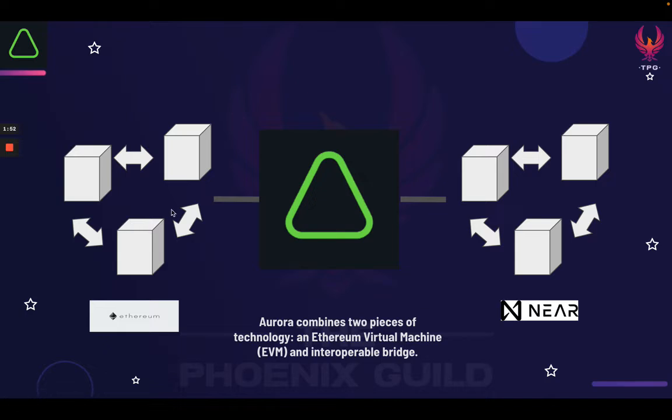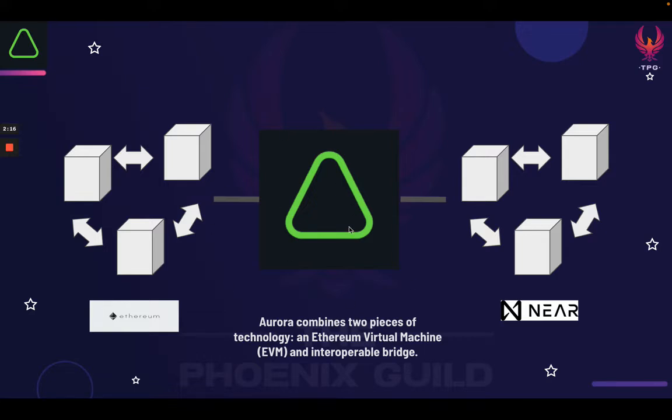You can see, and excuse me for this very rough diagram for the network, that on your left hand side there is the Ethereum network, and on the right hand side there is the Near network. And Aurora acts as a bridging agent. Remember that it's not just a bridge, but it's a combination of an EVM and a bridge.